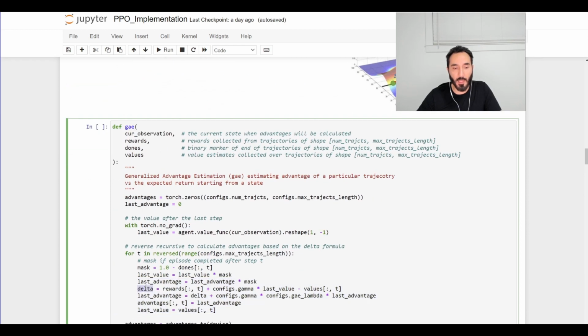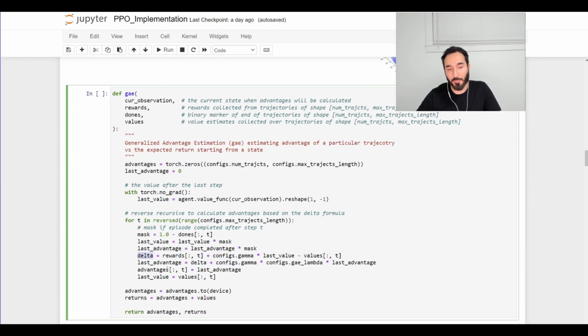We have the delta and the last advantage that updates the advantages when we go over the sequence in reverse order. We calculate the generalized advantage estimation, and that gives us the advantage values. These are approximations of the advantages and the returns.